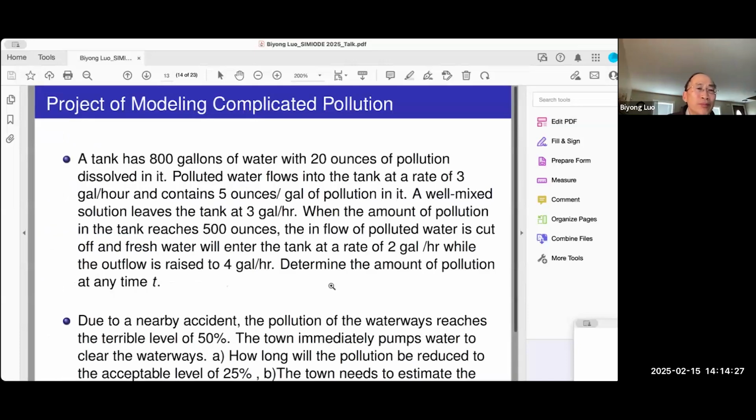The first one is modeling a complicated pollution problem. This one is related to chemistry. First we introduced what is called the rate-in and rate-out problem.